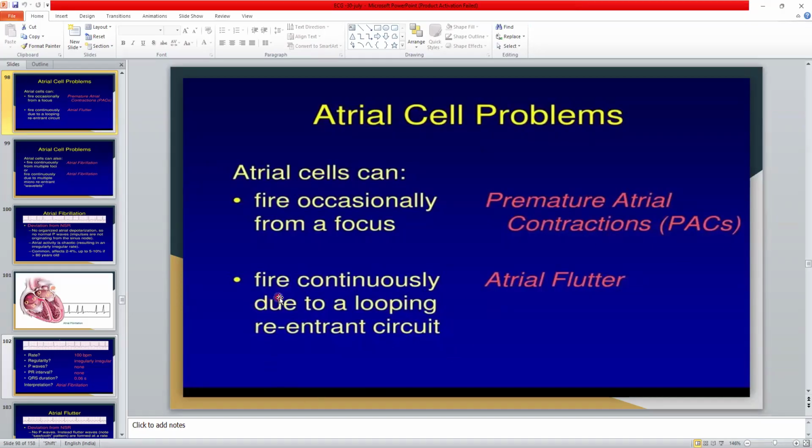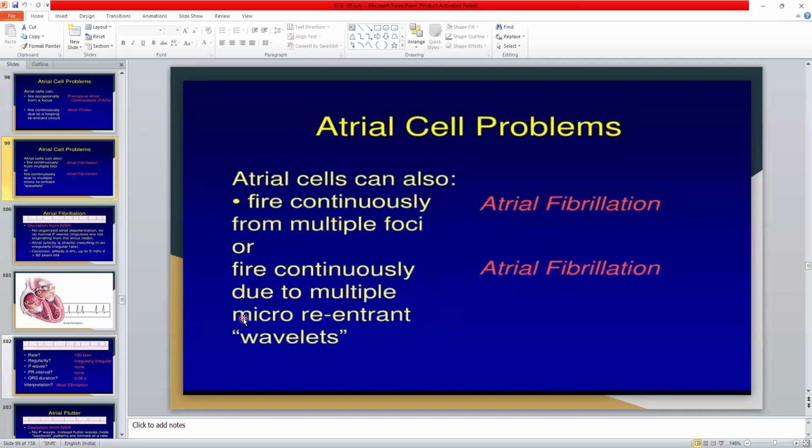When it fires continuously due to a looping re-entrant circuit, it produces atrial flutter. When the atrial cells fire the cardiac impulses continuously from multiple foci or due to multiple micro re-entrant wavelets, it produces atrial fibrillation.